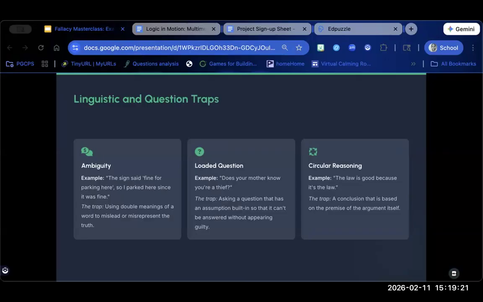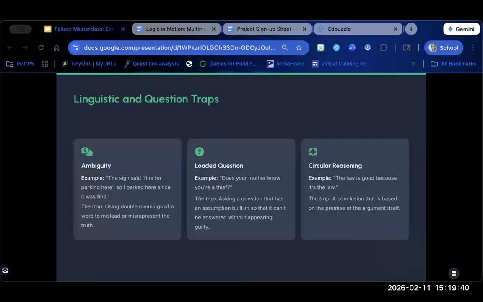We have linguistic and question traps, fallacies such as the ambiguity fallacy, where there's a double entendre, meaning there's a double meaning. One word has two different meanings, and is used to mislead or misrepresent the truth.